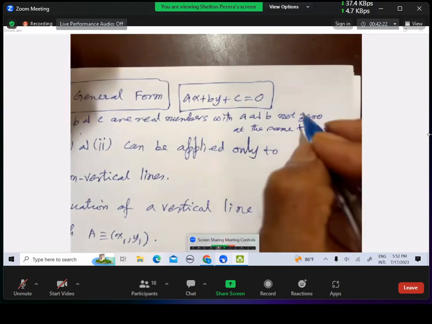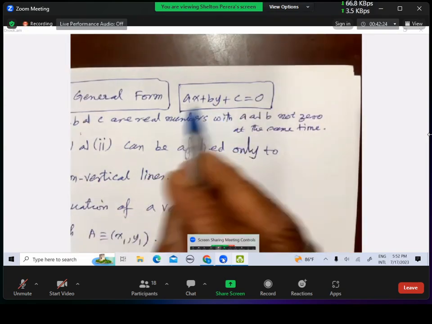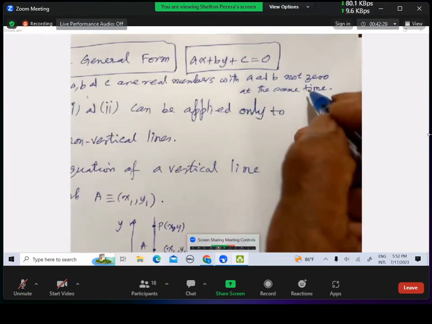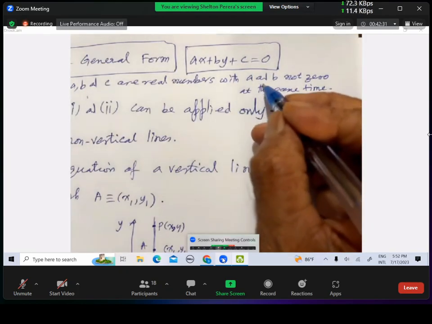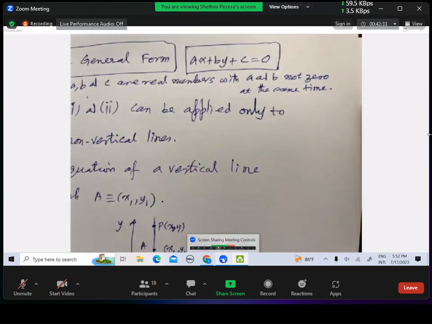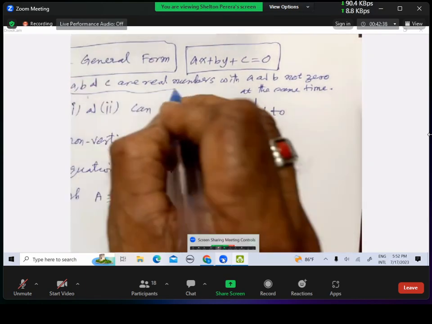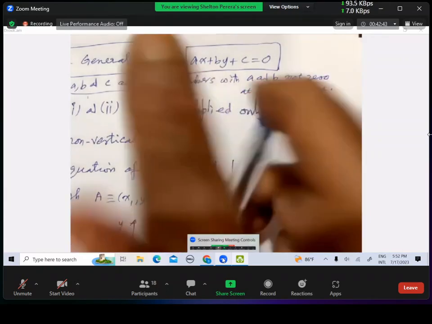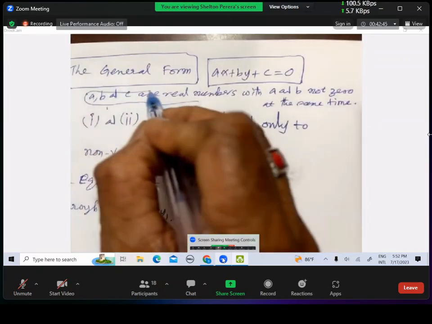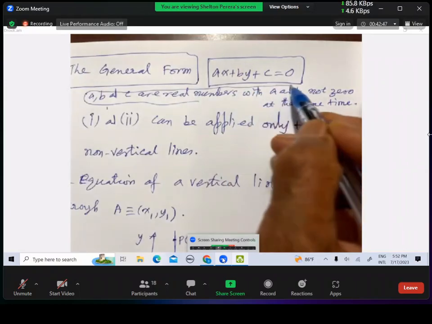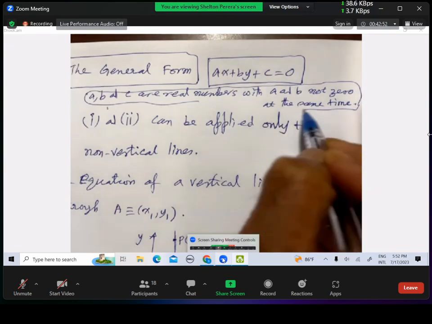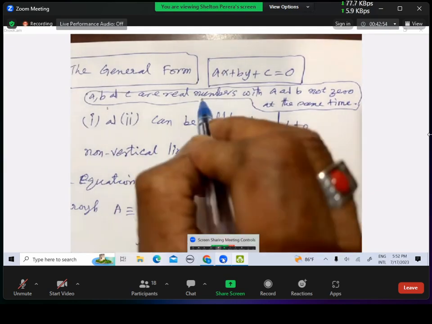If a and b are both zero at the same time, the equation has no x or y, only c equals 0. That is not a straight line. Most people don't pay attention to what I said here. They just say this is the general form of a straight line. But I say this because I don't want to say something wrong.